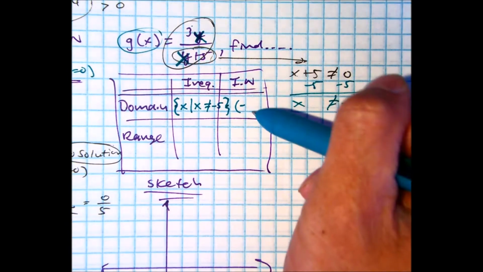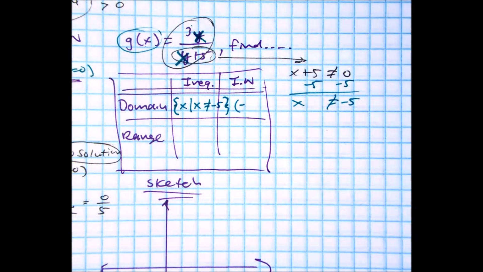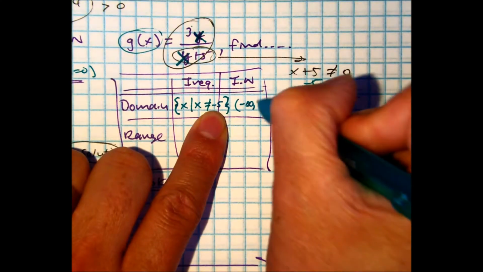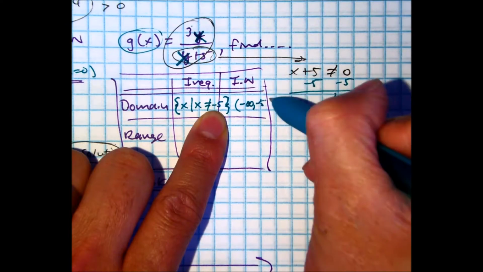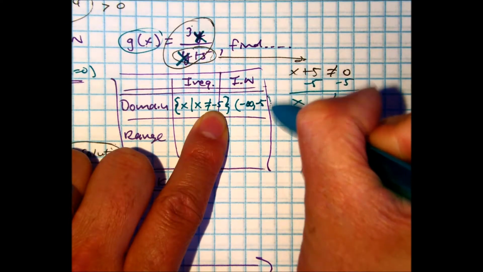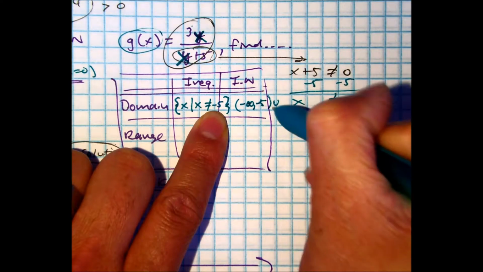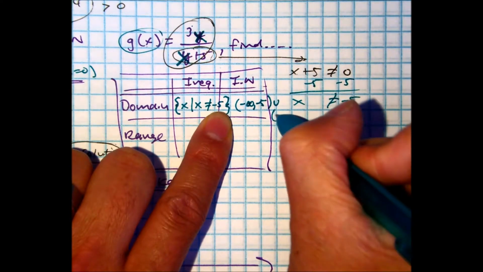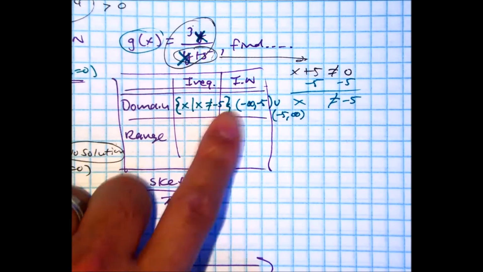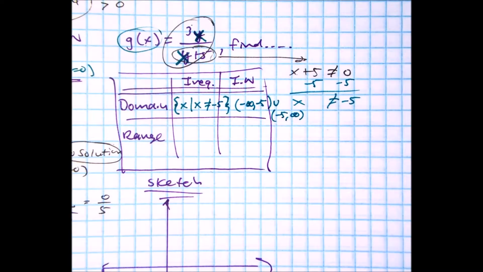So starting all the way left, negative infinity to what? But don't include it. Parentheses or bracket? Parentheses, union, negative 5 to infinity. So that's our interval notation.